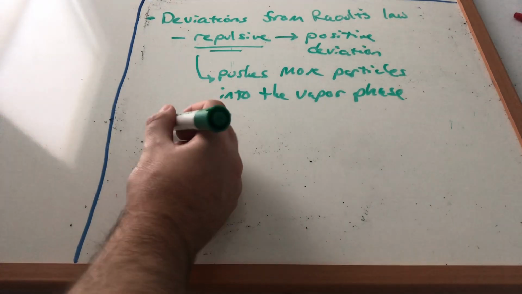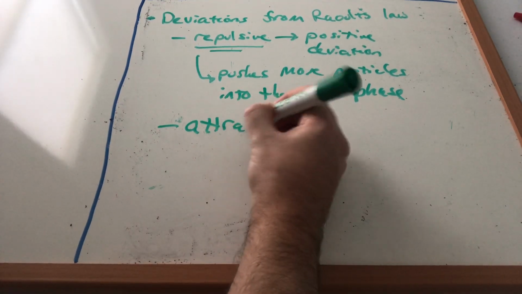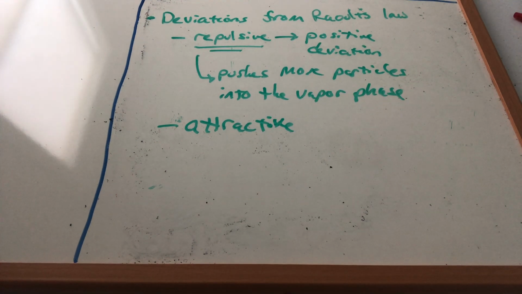Sometimes you'll look at the interactions and you'll see that an attractive interaction shows up that wasn't there before. And this often happens when you have a hydrogen bond that's not possible until you make a mixture, right? One of the species has a permanent dipole, but then you can throw it into a situation where it gets a hydrogen bond.